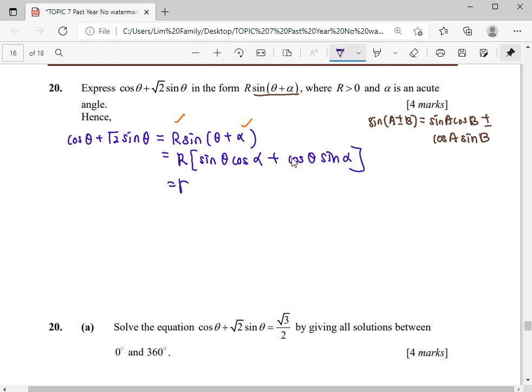You'll get r sine theta cos alpha, and then r cos theta sine alpha. After I fully expand this, we want to find out r and alpha. From here, two unknowns, we have to build up two equations.